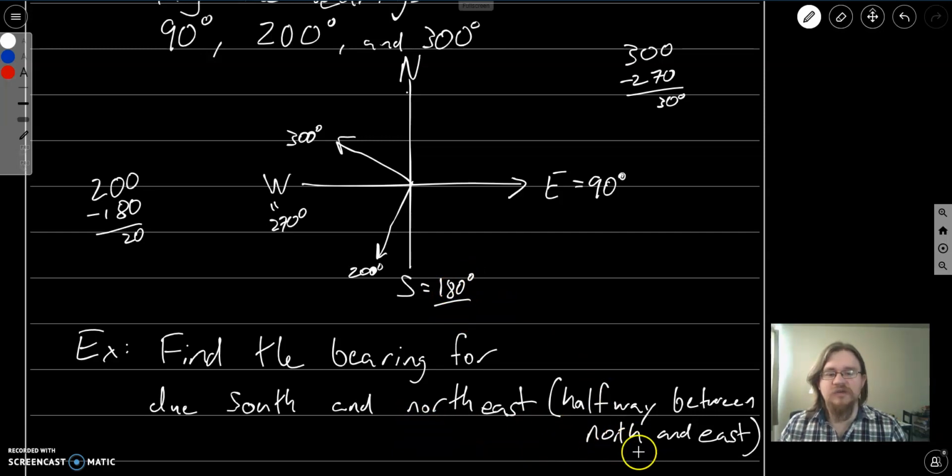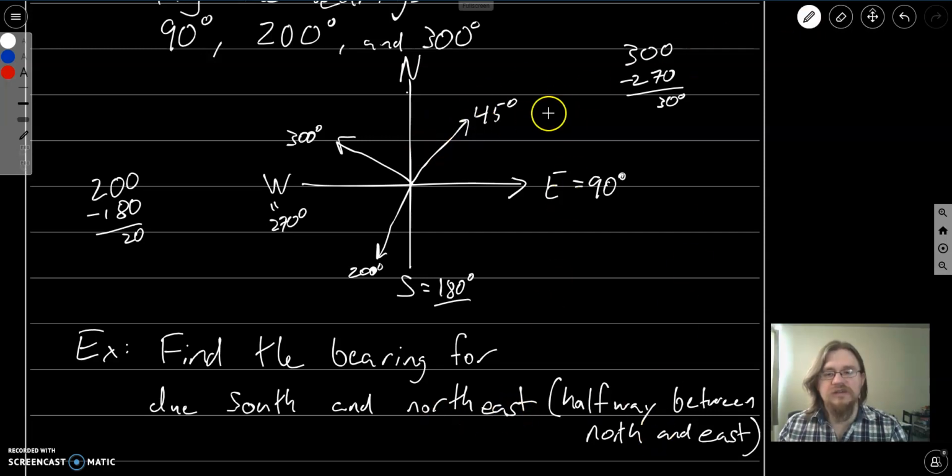Northeast will be slightly different. So halfway between north and east would be about right here. And we know that if we want to go halfway between two angles, we're cutting the big angle in half. To get from north to east is a 90-degree angle, so we cut that in half, so that both of these are 45-degree angles, which is half of 90.